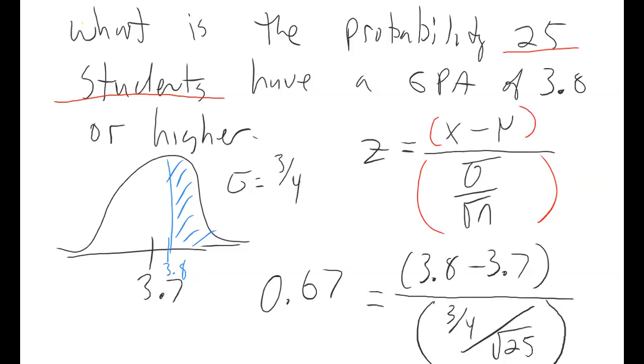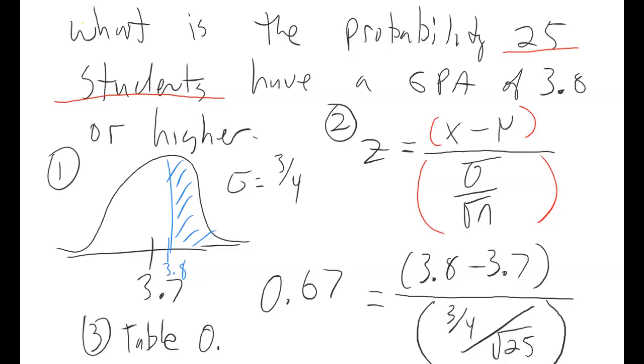So then we go to our table. Here's step 1, step 2, step 3 is our table. And we get 0.7486. And then we have to do an extra step this time, right?